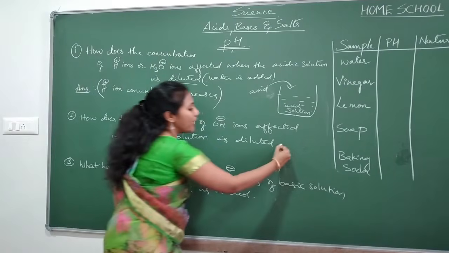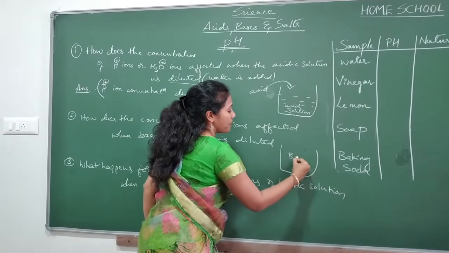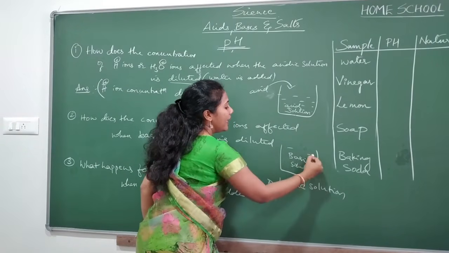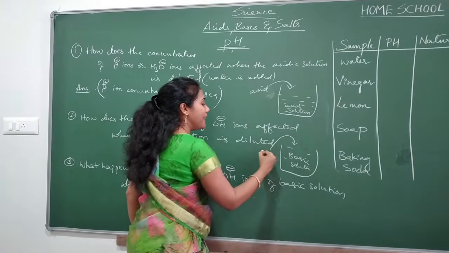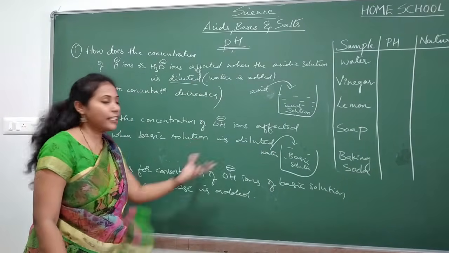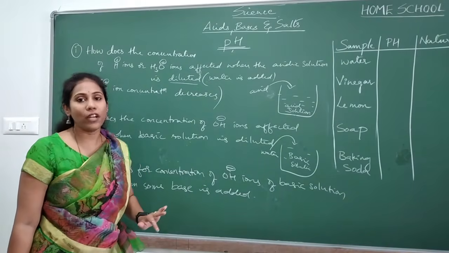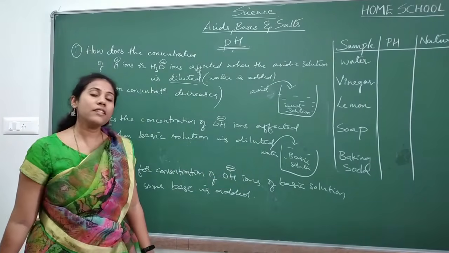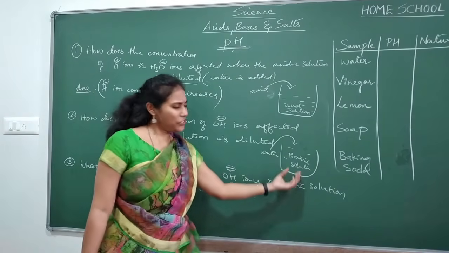So now what happens? You have a basic solution in a beaker. And from outside I am adding water. Diluted means what? Water is added. Dilution means addition of water. Fine. So what will happen to the OH minus ions? The number of OH minus ions always decreases.